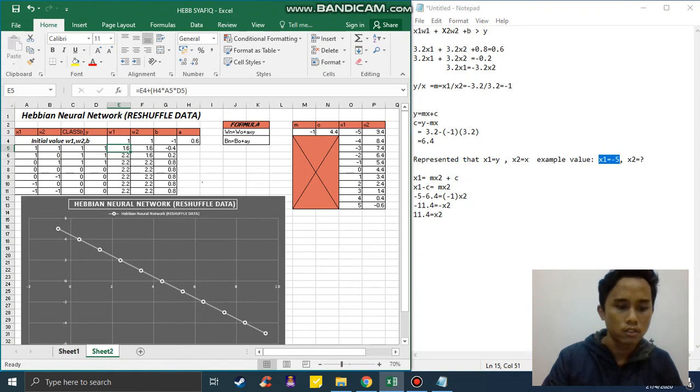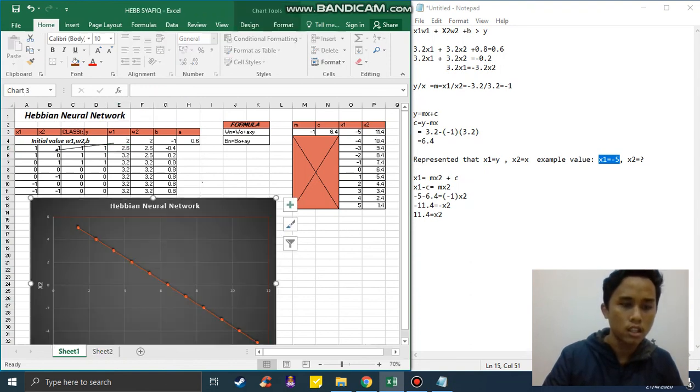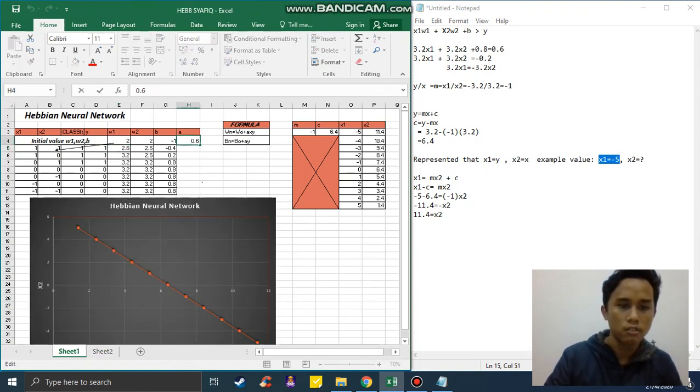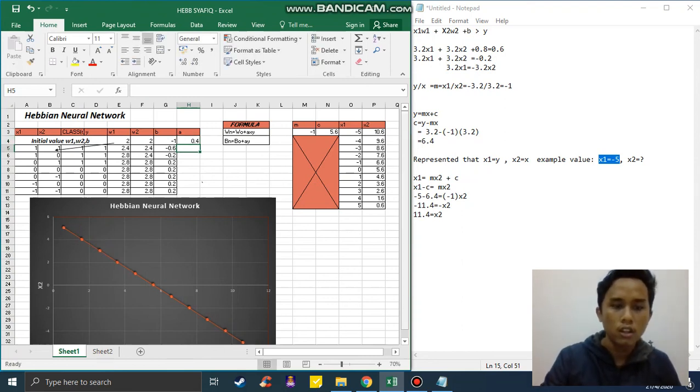For example, if I change the value of alpha to 0.4, all the values in this table will also change, and the graph also changes. It moves to the left side.